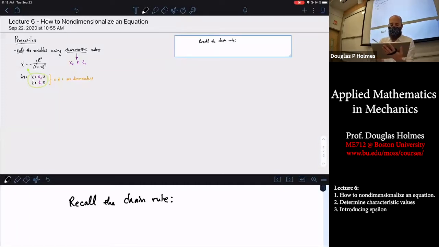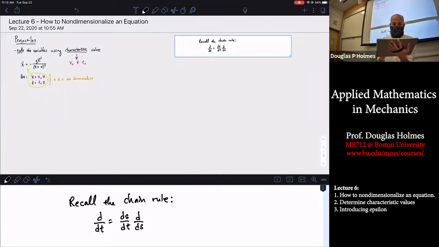It's easier to see if we start with the first derivative. So the first derivative would be something like d by dt. And from the chain rule, we can break down our derivative into ds by dt times d by ds, because now we're going to want to be taking derivatives with respect to s instead of with respect to time, because s is our new time variable.